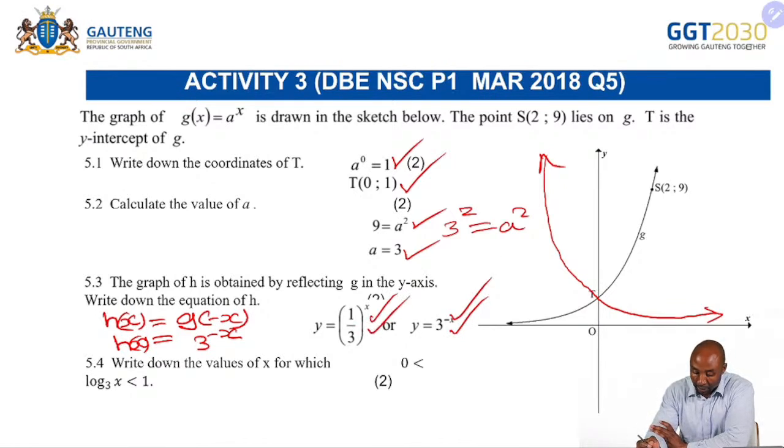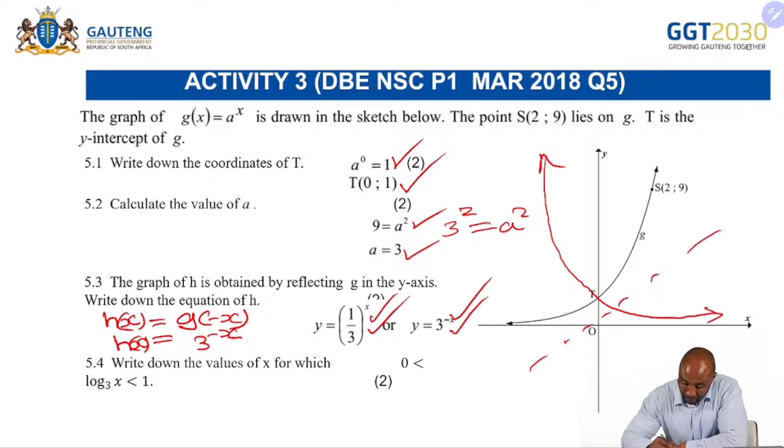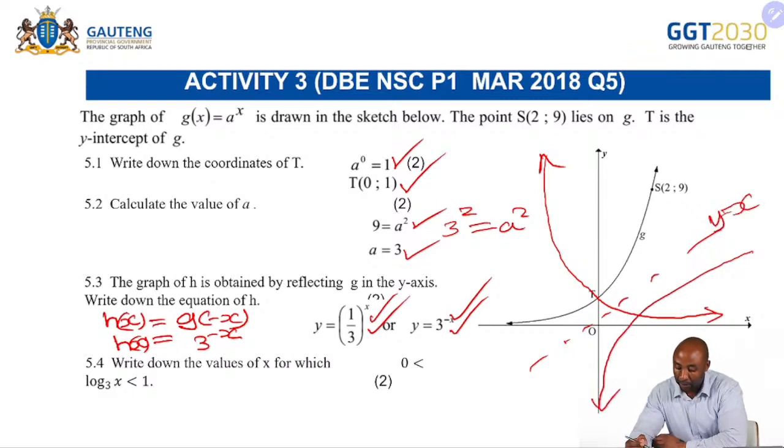Write down the values of x for which 0 is less than the logarithm to base 3 of x, less than 1. Now, we know that if our g is an increasing function, the inverse will also be an increasing function. It's a reflection about the line y is equal to x.